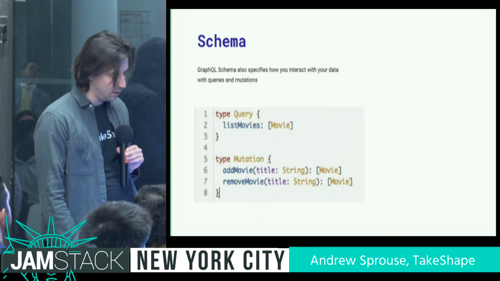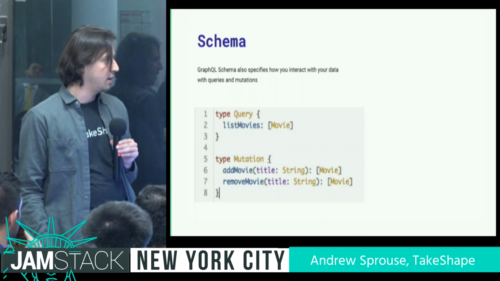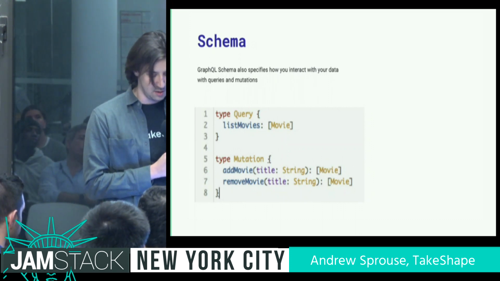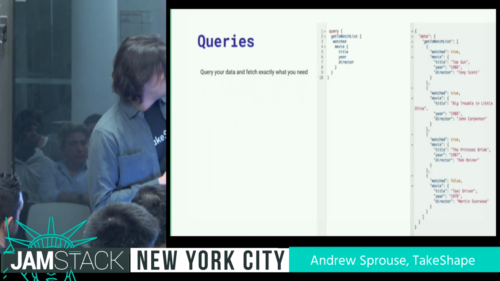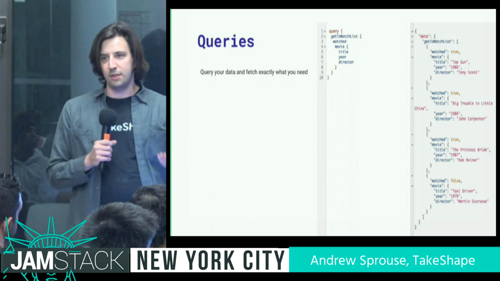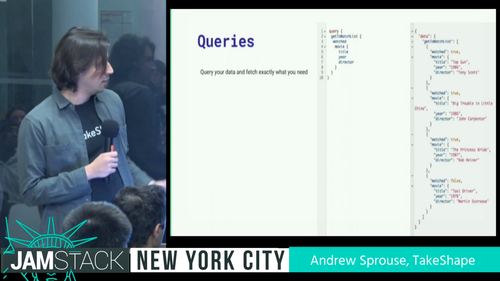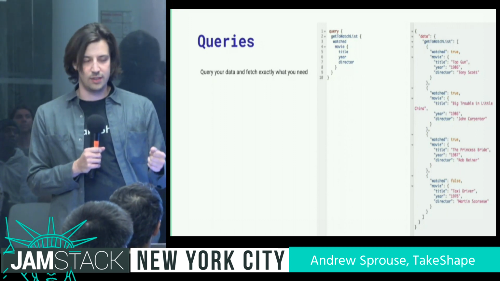The next thing that a schema describes, in addition to your data, is also what you can do with your data. So it describes queries and also mutations, and we'll get into that in a second. So queries. Queries allow you to fetch data. Everybody's familiar with a SQL query or a query of some sort, a Google query. But in GraphQL, you actually specify your query exactly.